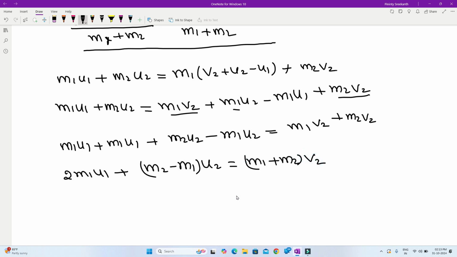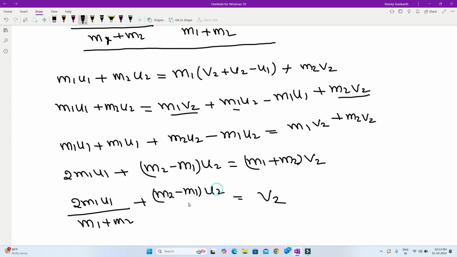Now write v2 is equal to 2 m1 u1 by (m1 + m2) plus (m2 − m1) into u2 by (m1 + m2). This is the final answer of this question.